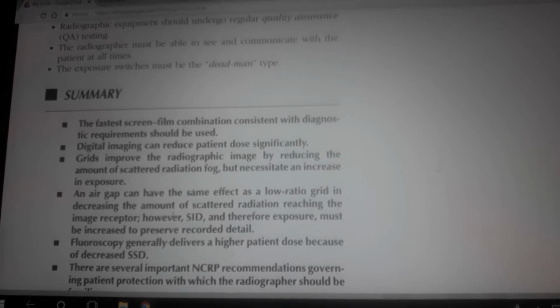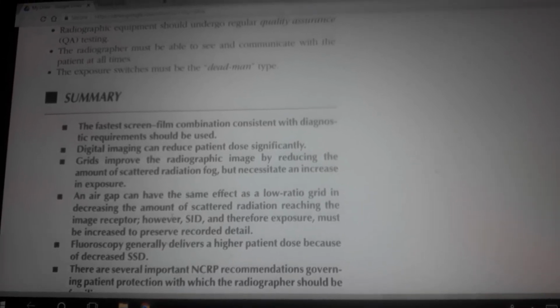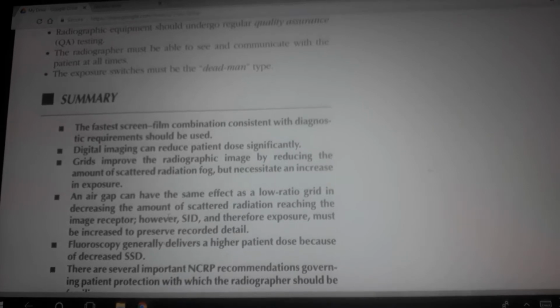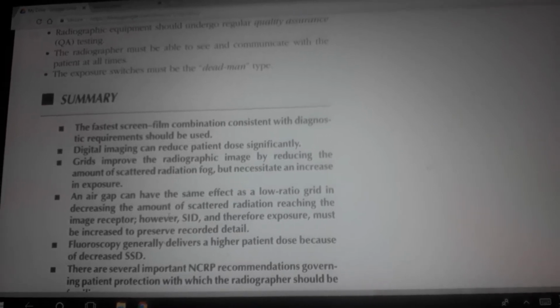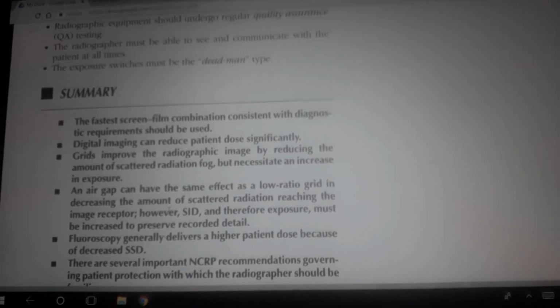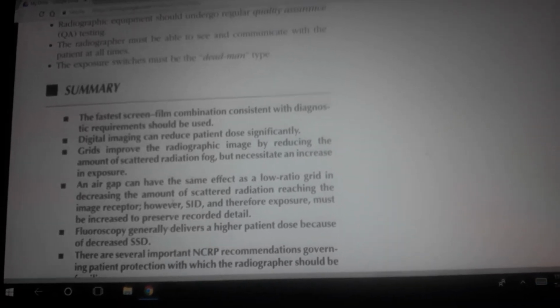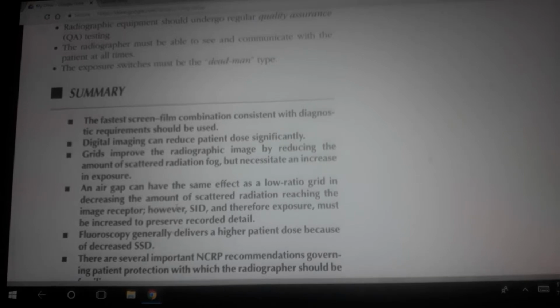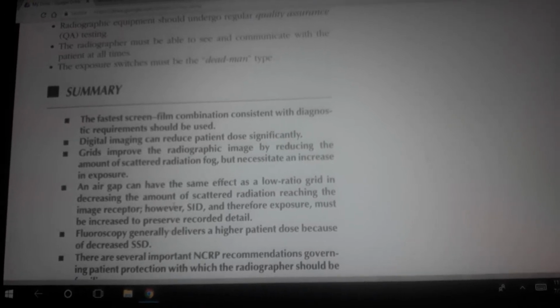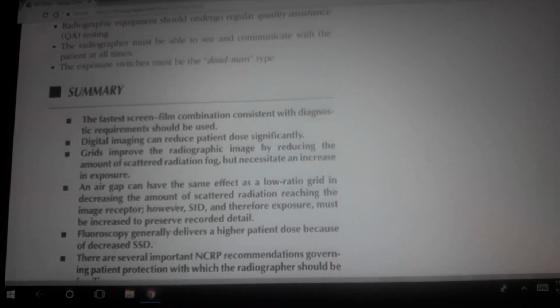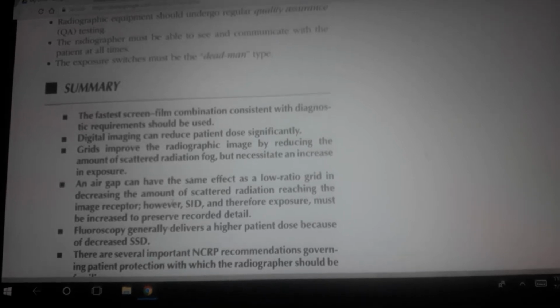An air gap technique can have the same effect as a low ratio grid in decreasing the amount of scattered radiation reaching the image receptor. However, the SID and therefore the exposure must be increased to preserve recorded detail.